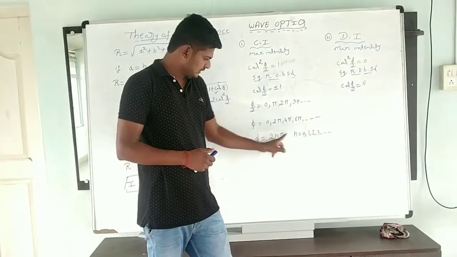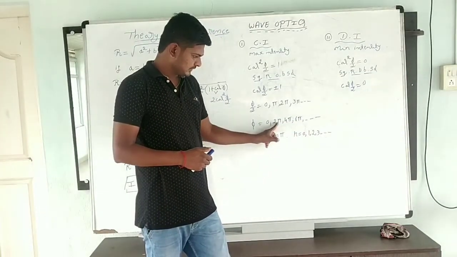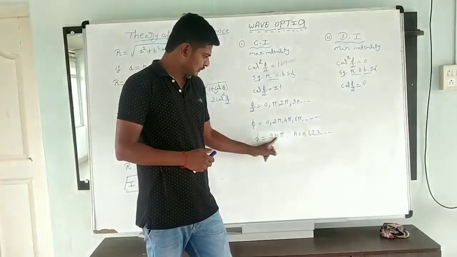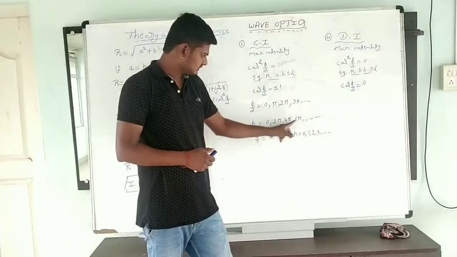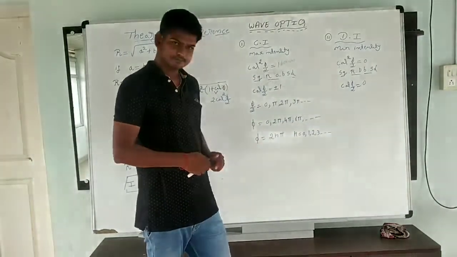Next n equal to 1, 2 pi. Next n equal to 2, 4 pi. N equal to 3, 6 pi. Like that we will get.